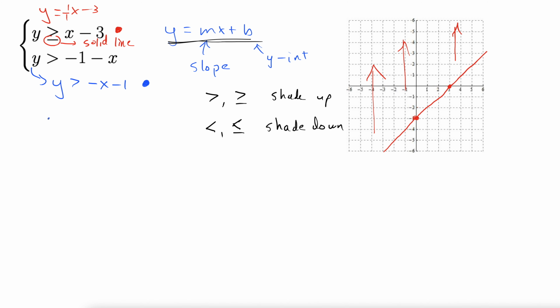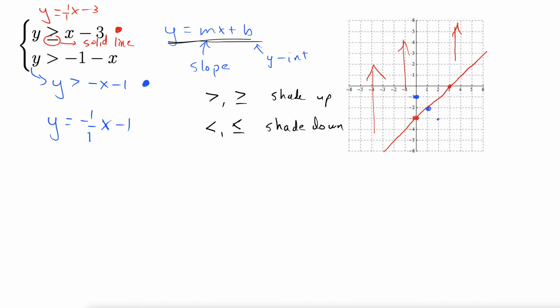Let's check out this blue case. Here we have y equals negative 1 over 1x minus 1. So our y-intercept is negative 1, and our slope is negative 1, so it's down 1 over 1. Down 1 over 1. It's a perfect diagonal going down.